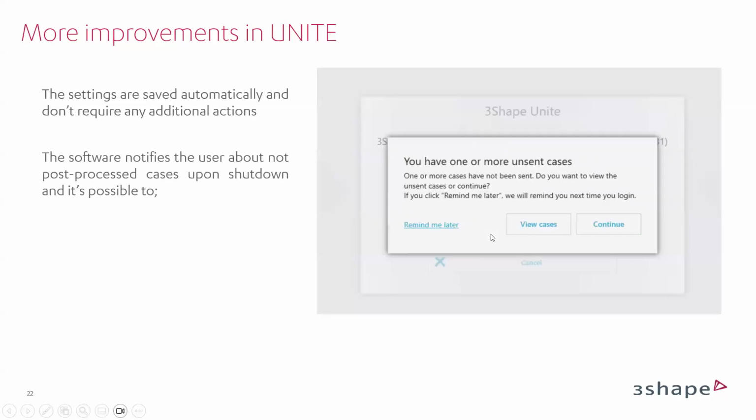What other improvements do we have in our Unite software? The settings are saved automatically and do not require any additional actions. The software also notifies our users about non-post-processed cases upon shutdown.